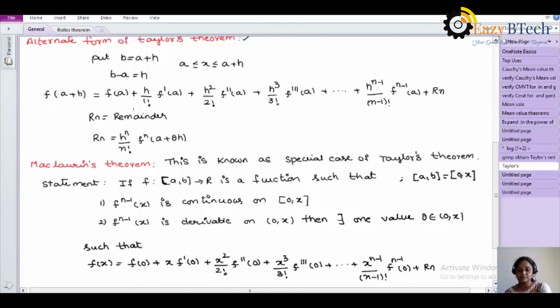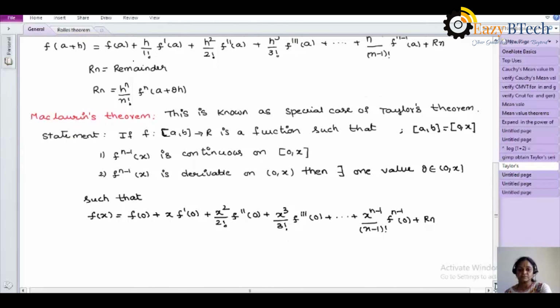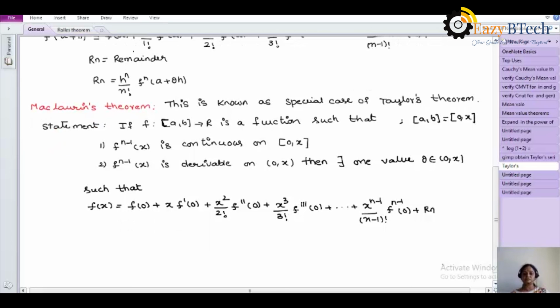What is Mclaren's theorem here? Mclaren's theorem is f of x is equal to f of 0 plus x into f dash of 0 plus x square by 2 factorial into f double dash of 0 and so on, x power n minus 1 by n minus 1 factorial f power n minus 1 of 0 plus Rn.